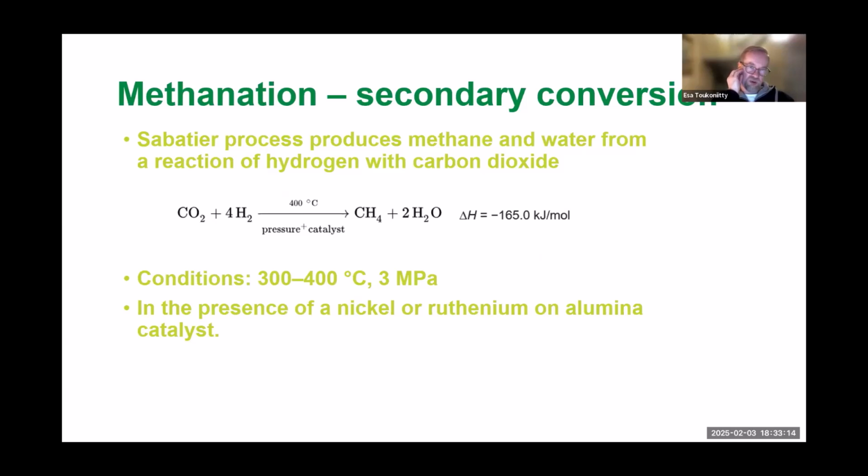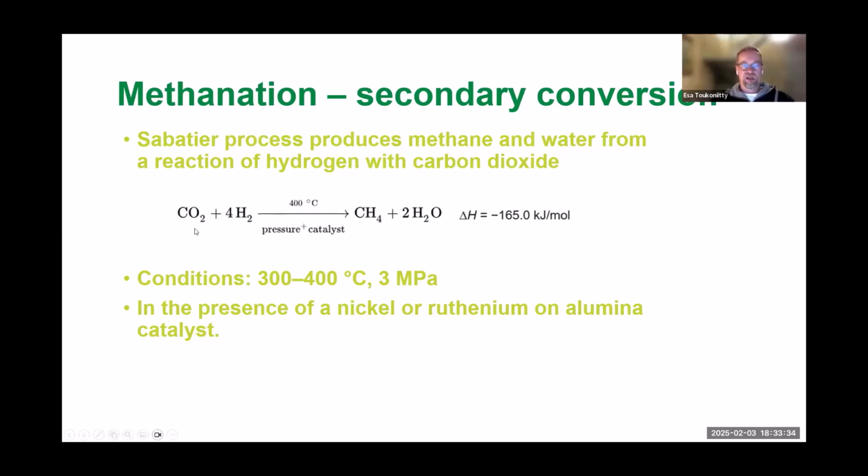This process or reaction is called the Sabatier process. It's a very old invention. Like I showed you, many of the classical chemical industry processes and reactions are more or less 100 years old. I think the same applies to this.